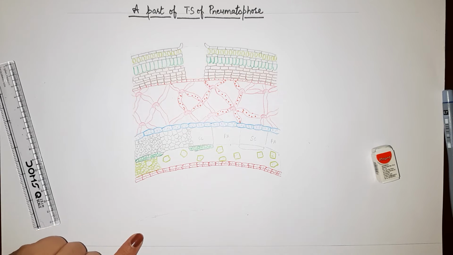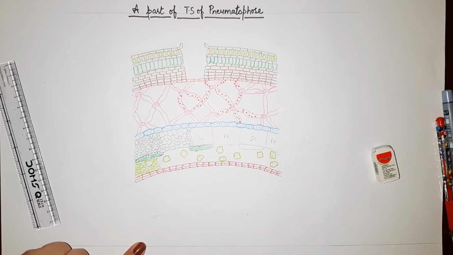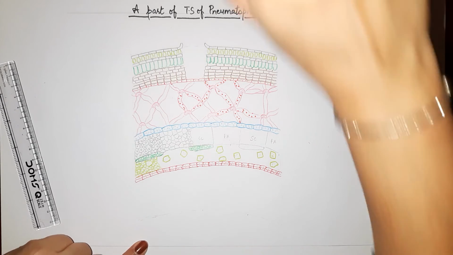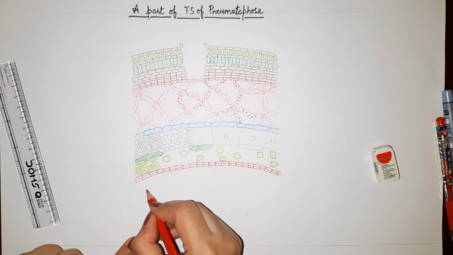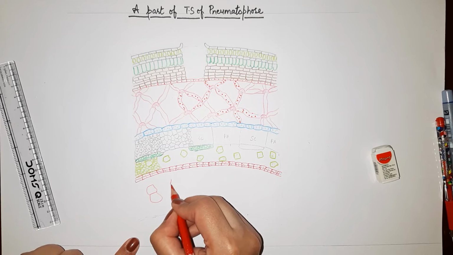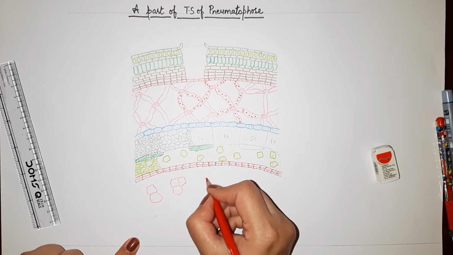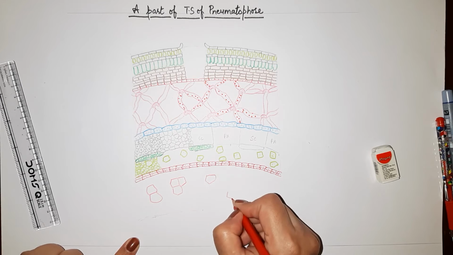Now below this we have secondary xylem. So the complete area will be marked with secondary xylem. At certain places, large vessel elements, you can show them singly or in groups.